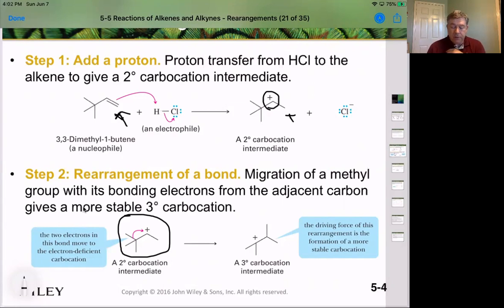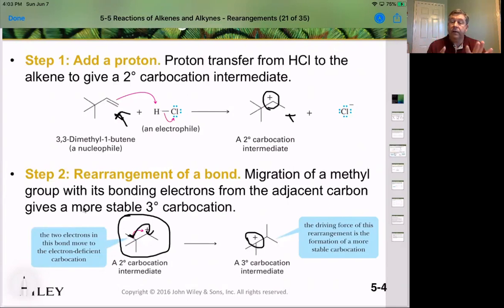So we have an opportunity to take the electrons that form this sigma bond and move them over one bond to where the carbocation was. When it takes those electrons with it, it yields a tertiary carbocation. So we started with a secondary carbocation, and we moved one sigma bond over, either a methyl group or a hydrogen.